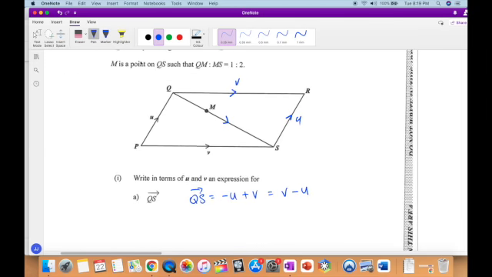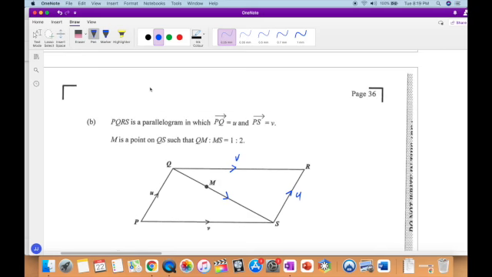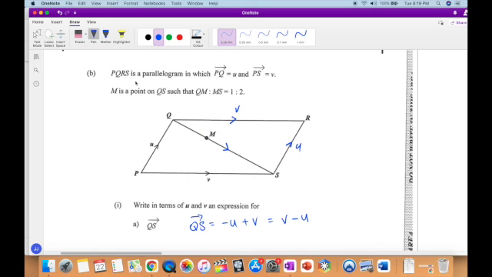QM. That's interesting. Did they give us anything about it? Oh yes, look, they did tell us here, and I didn't even read it. M is a point on QS such that QM to MS is 1 to 2.